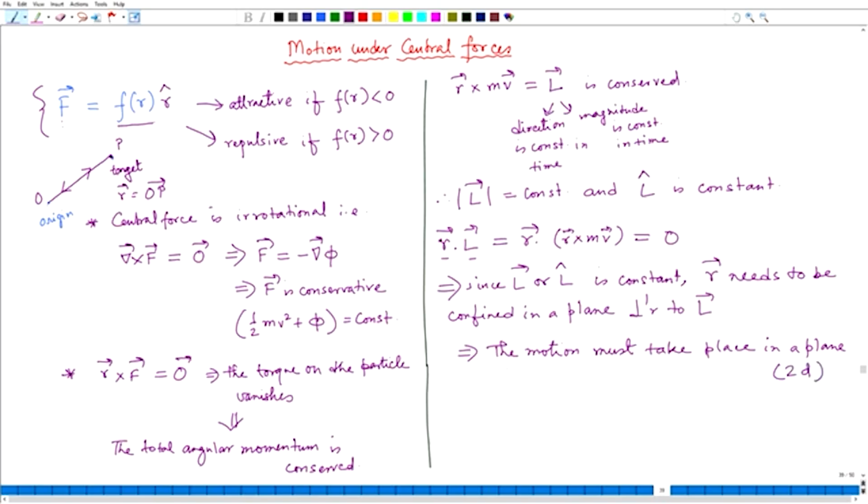And that plane is not an arbitrary plane, it is a plane perpendicular to L cap, or the L vector itself.